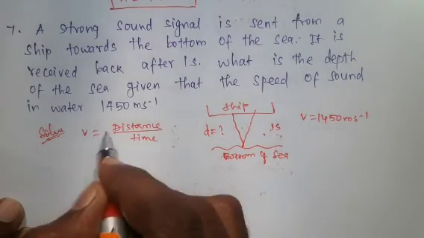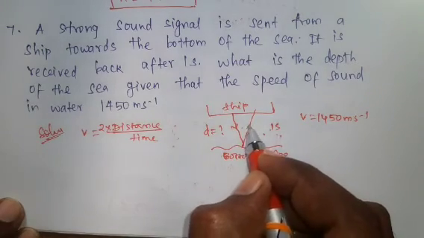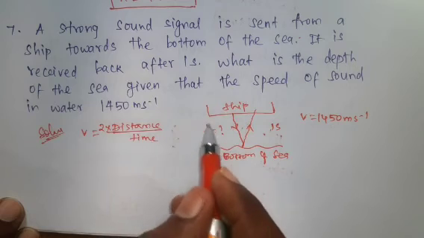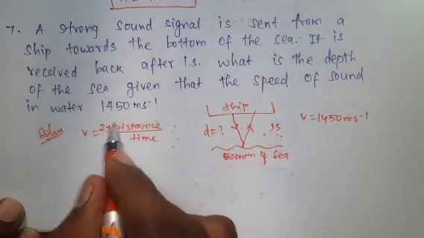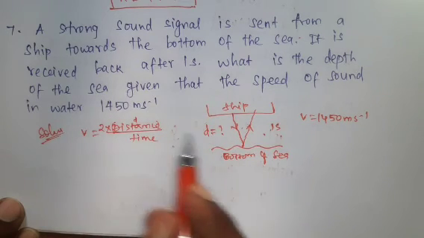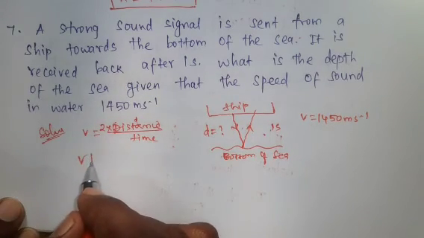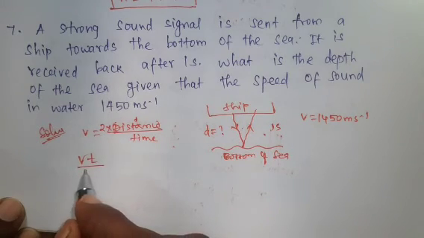Here the distance is twice, because one for transmission, another for reception. Now we are going to find out the depth. So depth in this sense is the distance. So simply you can take the distance as d. The d represents distance; according to this problem, d represents depth. So v, this time simply you can take as t. Then the 2 will come to the denominator.